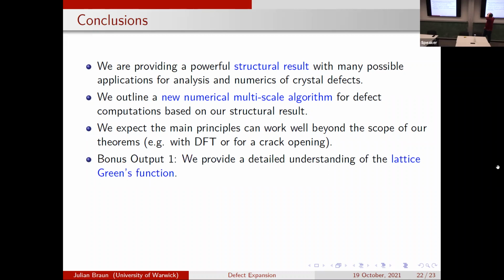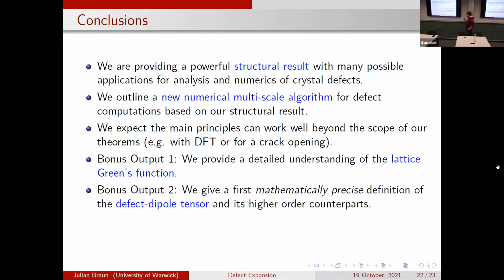And so there's a bit of bonus output in all of this. We now have a really good understanding of the lattice Green's functions, which was just needed for the proofs here, really. That's one of the main reasons we started it, but it's also really nice for the numerics of lattice Green's functions, which is something several people have looked at in the last decade at least. So we got a really nice theorem out there.